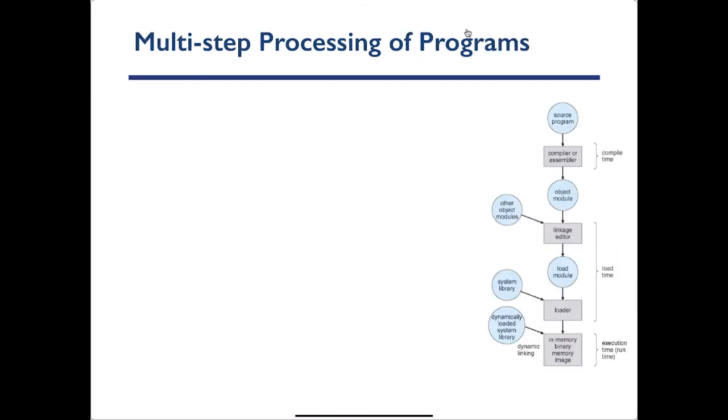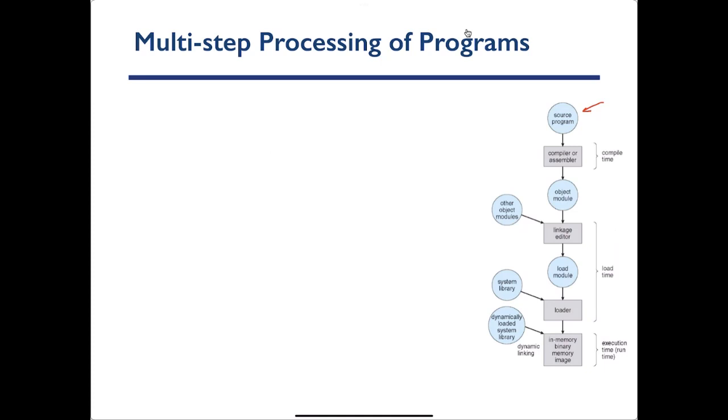Let's look at the steps that happen when you run your program. So all the steps from writing your program until you execute your program. So after writing your program, you have a source code, and you might have different source codes. So different files, different source codes for each file.